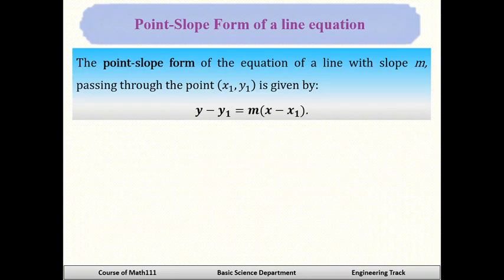Now, we have another way of finding the line equation, and this form is called point-slope form of the equation.